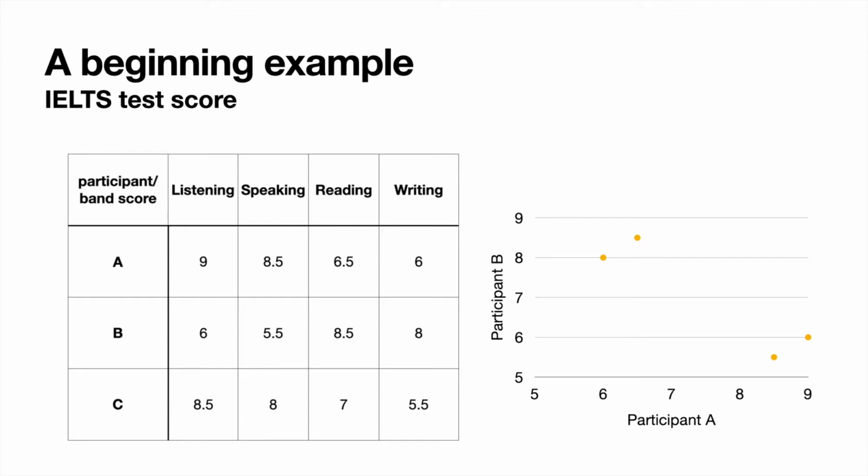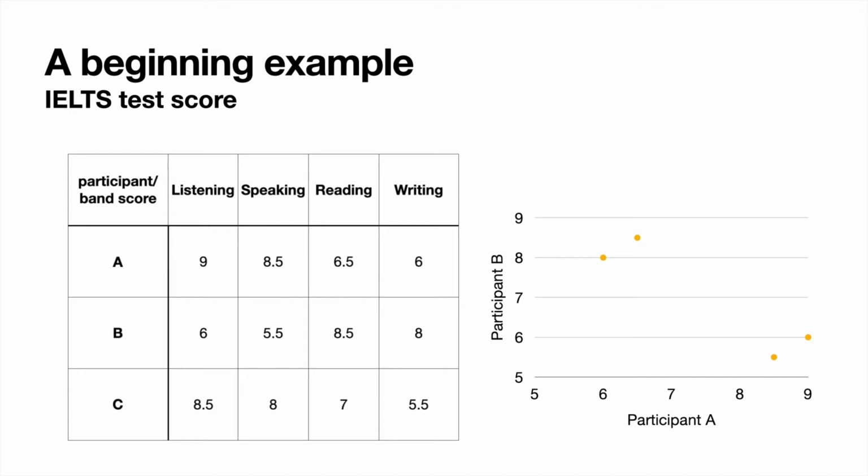Some of them have better performance in listening and speaking, like A, but do not do very well in reading and writing. But some of them may have better performance in reading and writing instead of listening and speaking. So what we want to do is to find the participants who have similar performance in general.